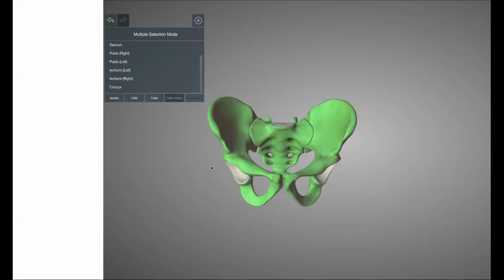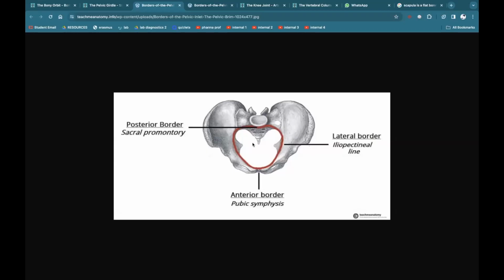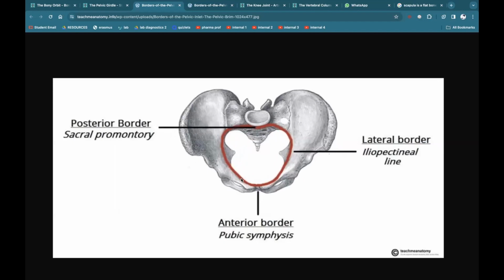What is this? Yes, that's the pelvic outlet. I hope you now get to see it. This line here: above this line is the greater pelvis, and below this line is the lesser pelvis inside.